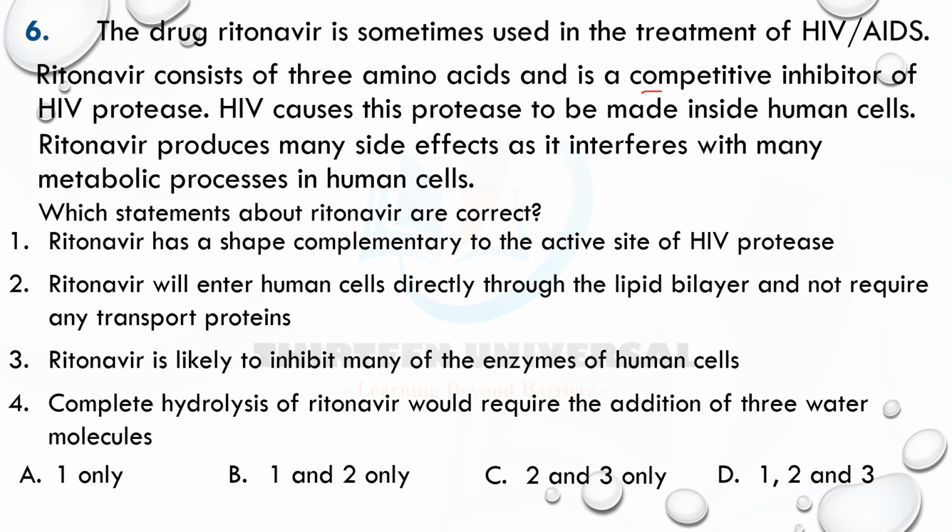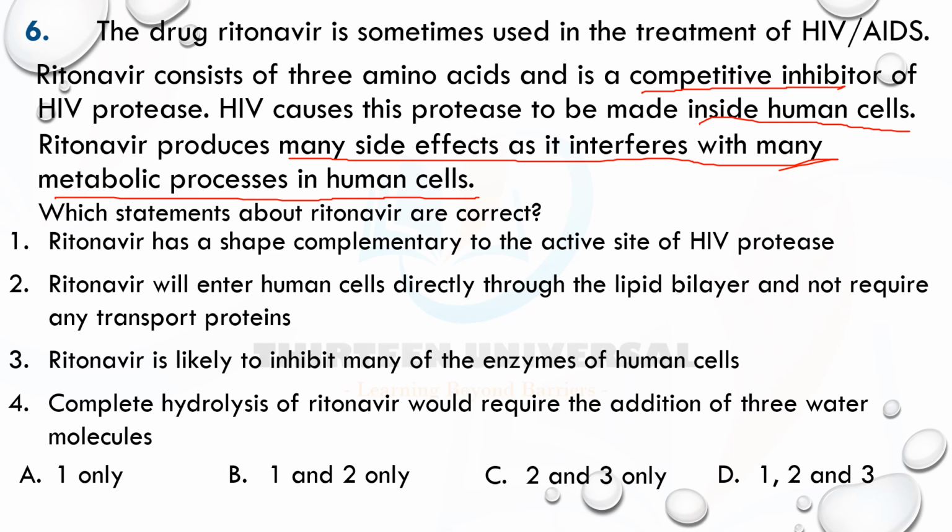It is a competitive inhibitor. HIV causes this protease to be made inside humans, so it goes inside human cells, passing through the cell surface membrane, and produces many side effects. That means it interferes with many reactions. So it's not specific.